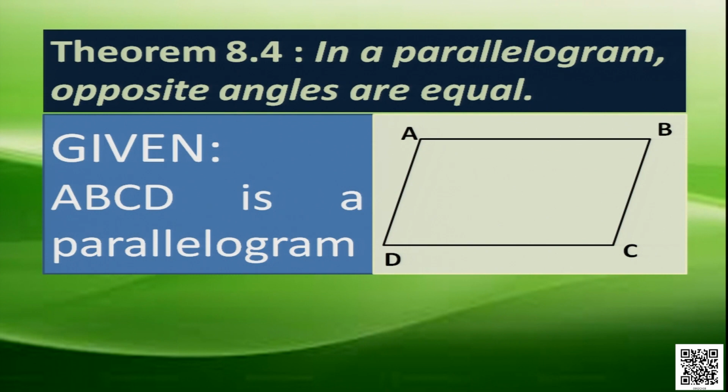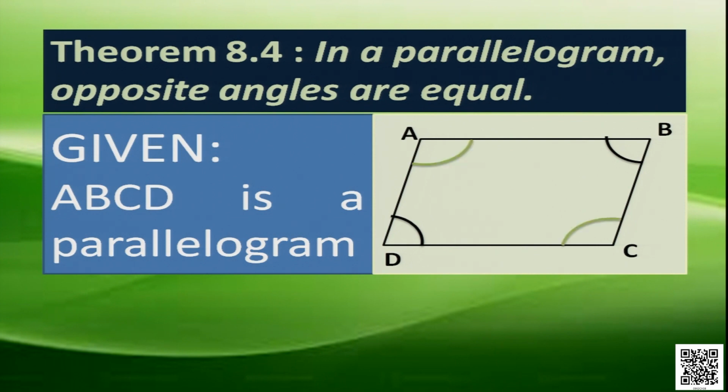Then what to prove? We have to prove that opposite angles are equal. That is, angle ABC is equal to angle ADC. We have to show, because these two are opposite angles. Let us have another pair of opposite angles.